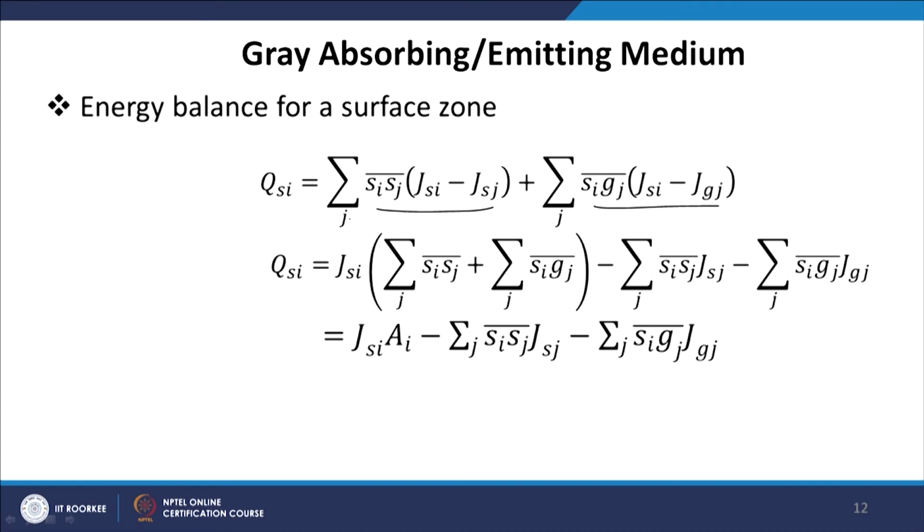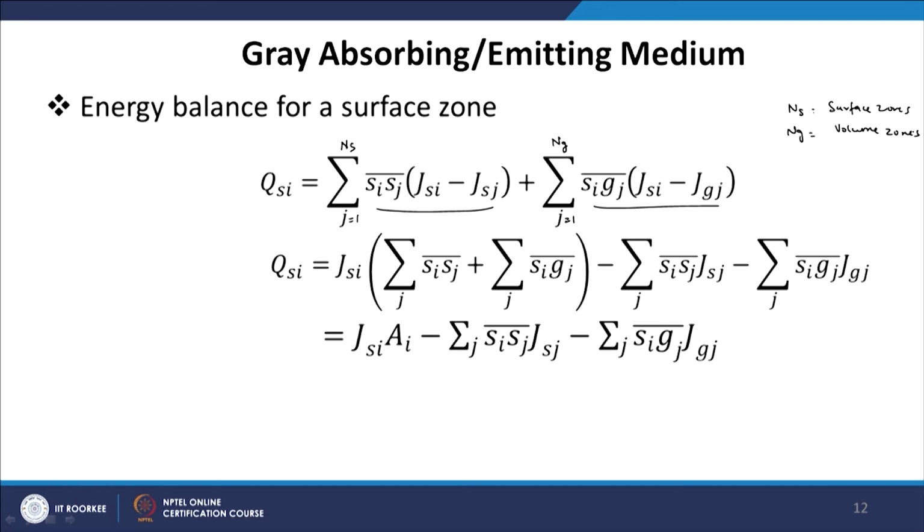Here I will just point out that we have to sum j is equal to 1 to ns, where ns is the number of surface zones, and here j is equal to 1 to ng, where ng is the number of volume zones.